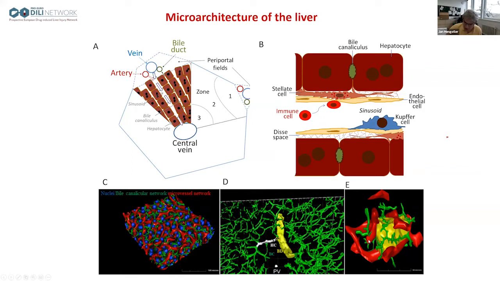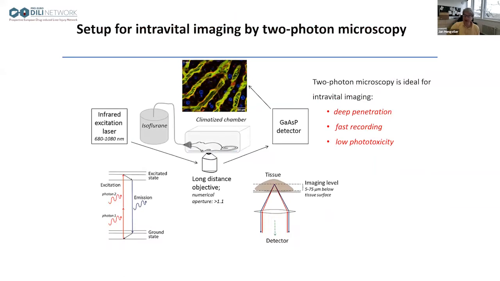And also, by the way, can you see my cursor? Yes. Thank you. These sinusoids are also not straight. They also form a network, and both networks, the canalicular and the capillary network, are intertwined in a complex manner. So these are the basic structures which we will see again and again.